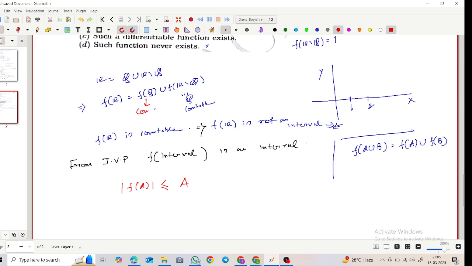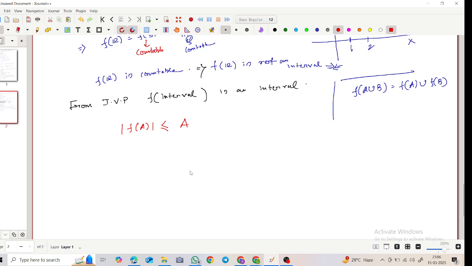So, is this clear to you guys? That the cardinality of the domain is always greater than the cardinality of the range? I mean, codomain. Is that clear to you? Okay, so you take f of A, and from f of A to A, I am defining a map theta.